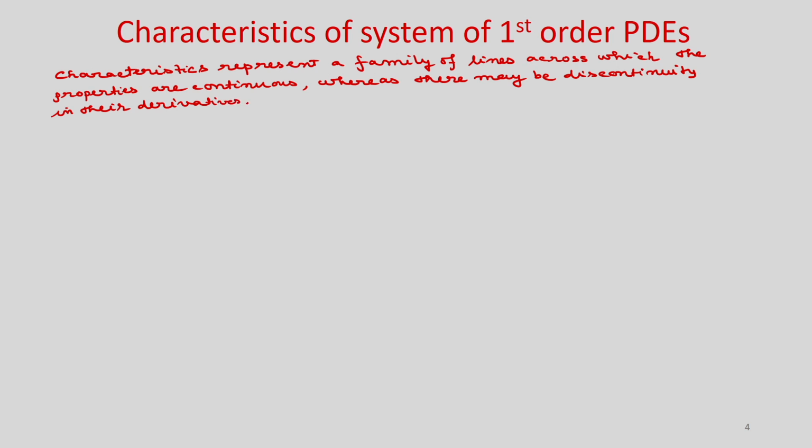Okay. Now, if we define S, which is the characteristic surface, then we will find the normal to that characteristic surface.